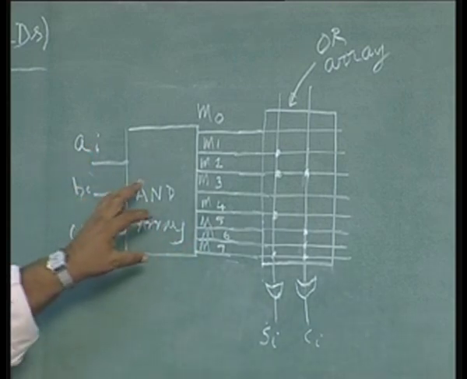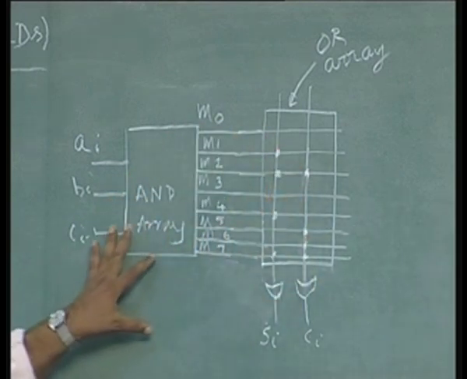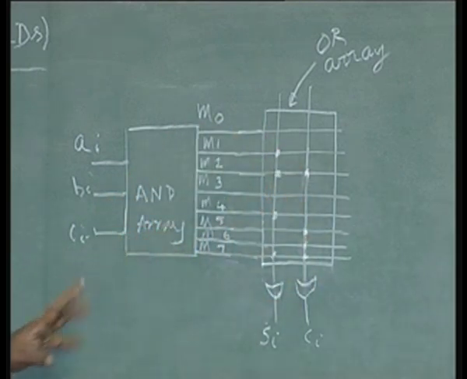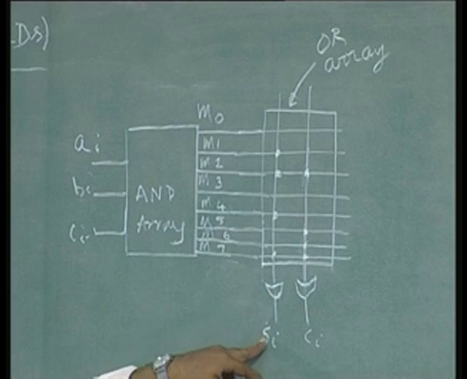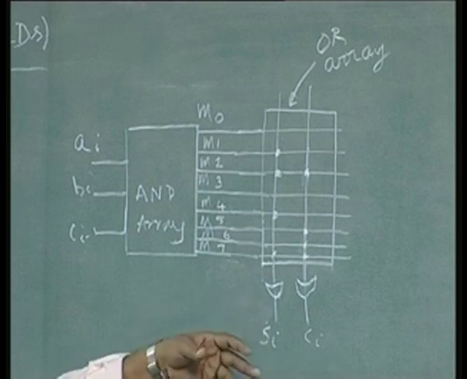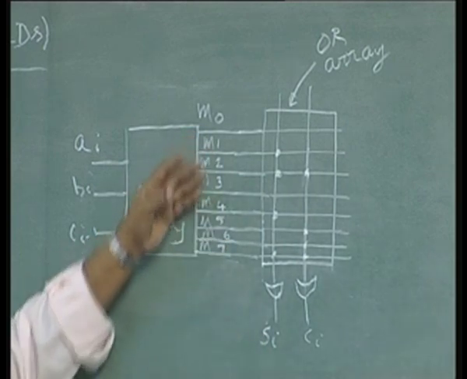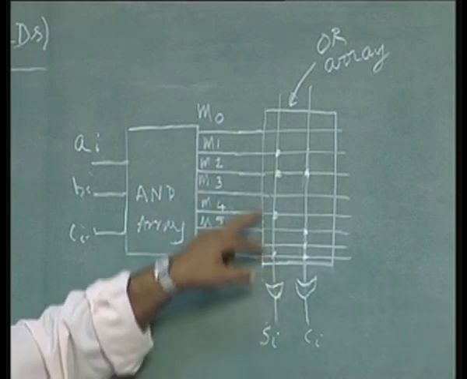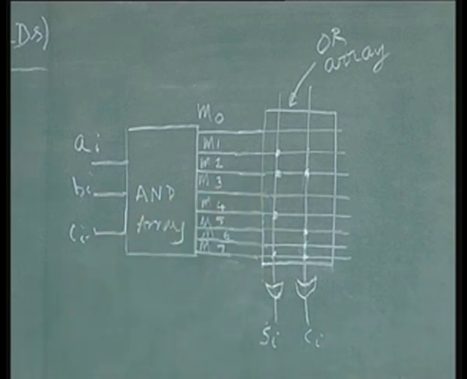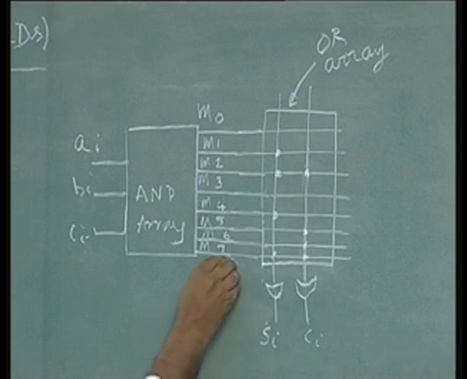Now, this whole thing can be gotten in one chip, that is why it is called programmable. The reason it is called programmable also is that I can have different functions instead of Si and Ci, instead of implementing a full adder, I can have some other function in which several other minterms may be involved. I can reconnect my input to the OR gate. How many minterms there will be depends on the number of inputs. In this case there are 3 inputs, so there are 2 power 3 minterms.